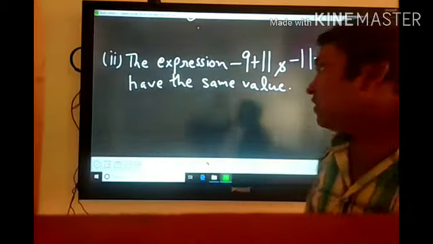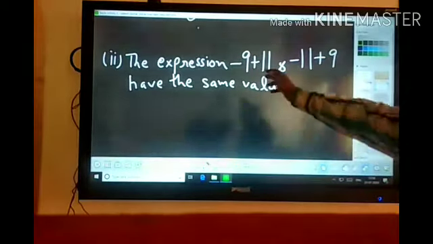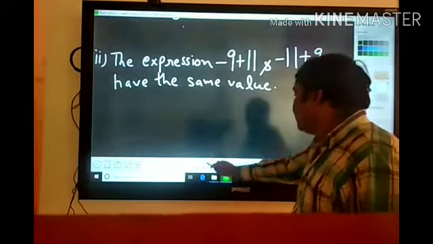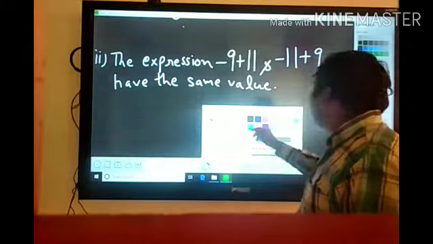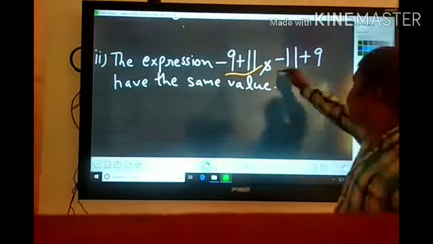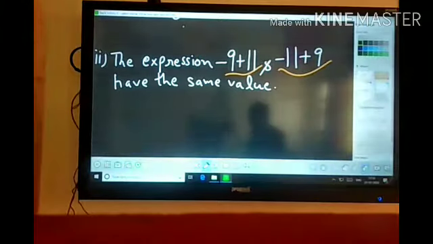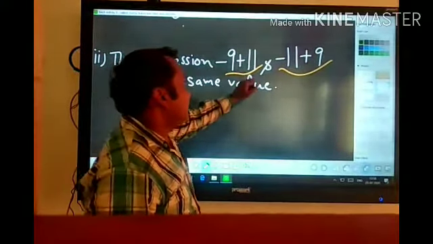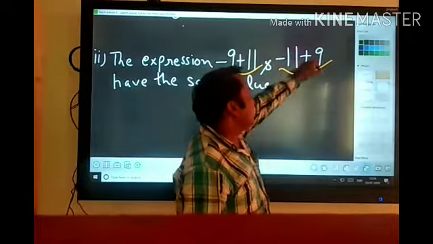Now, the second question: the given expressions minus 9 plus 11 and minus 11 plus 9 have the same value. The first expression is minus 9 plus 11 and the second one is minus 11 plus 9. In order to decide whether these are the same or not, we will have to evaluate both of these.